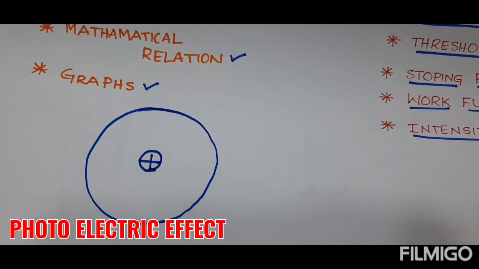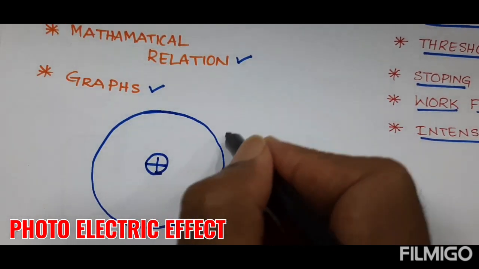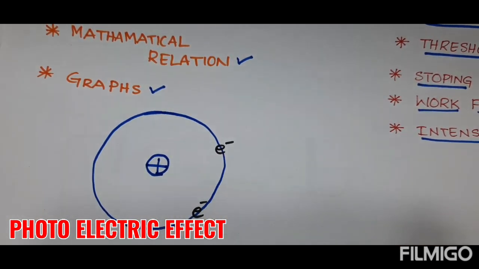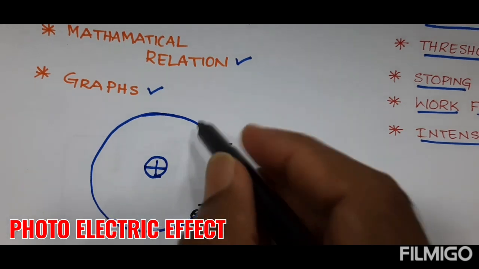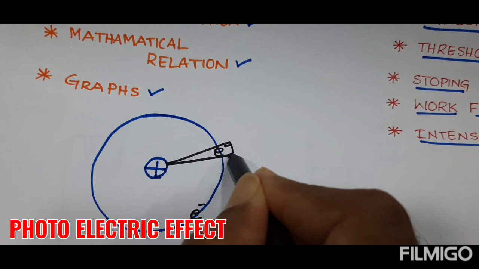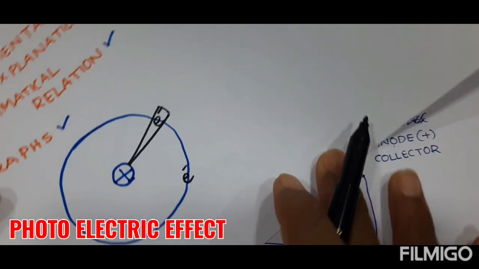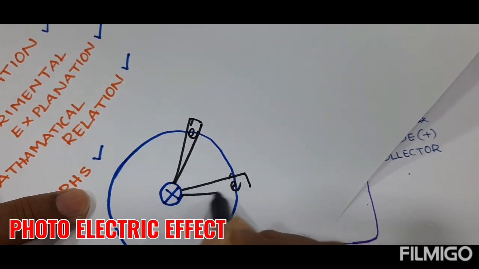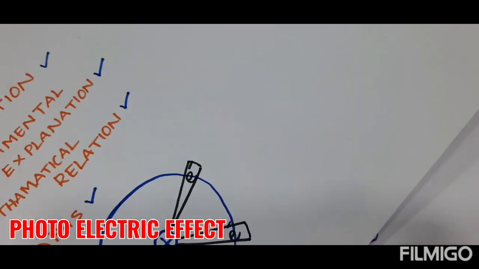This metal atom has electrons in the outermost orbit. Suppose all these electrons are generally under the influence of the nuclear attraction, right?